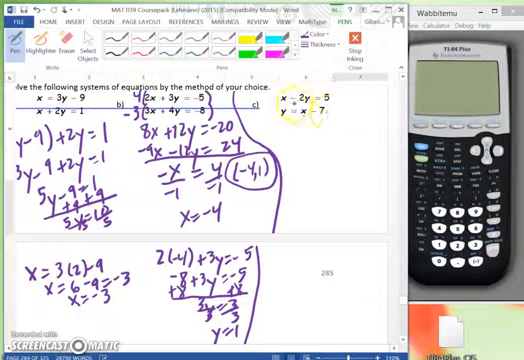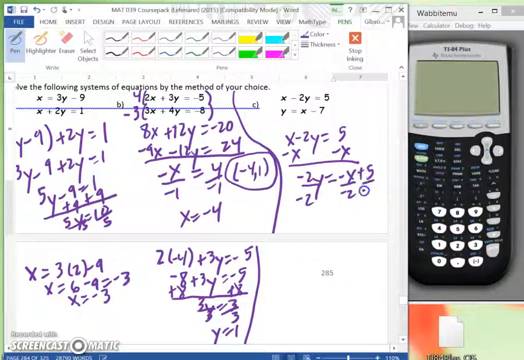So this would just give us practice here. So we would take this x minus 2y equals 5. We would subtract x on both sides, and we have negative 2y equals negative x plus 5. We divide each individual term by negative 2, and this would give us y is equal to 1/2 x minus 5 halves.